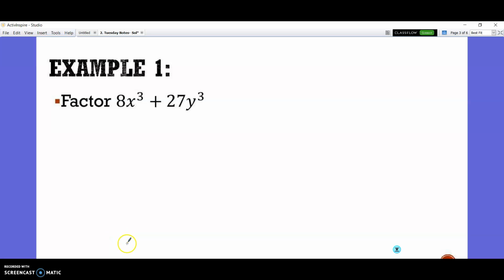Okay, so now let's take a look at some examples. So example 1, factoring 8x cubed plus 27y cubed. You always want to look for a GCF first.